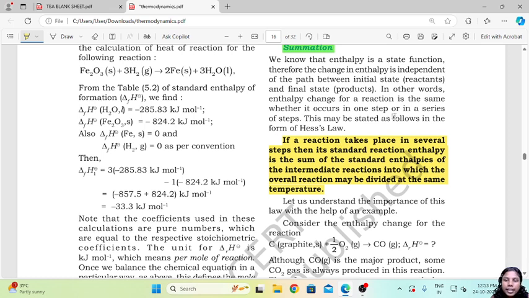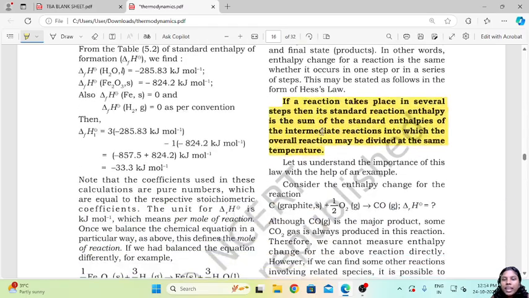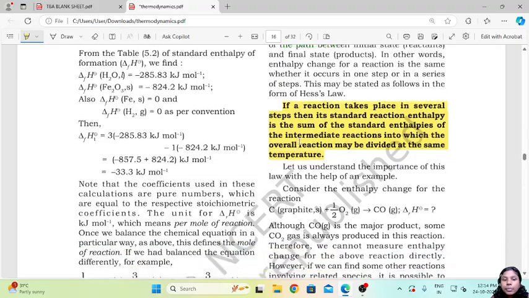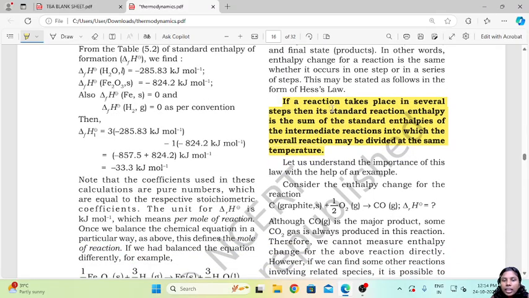Now this may be stated as follows in the form of Hess's law. Hess's law defines basically this scenario for us in simple terms. So he says that if a reaction takes place in several steps, then its standard reaction enthalpy is the sum of the standard enthalpies of the intermediate reactions into which the overall reaction may be divided at the same temperature.